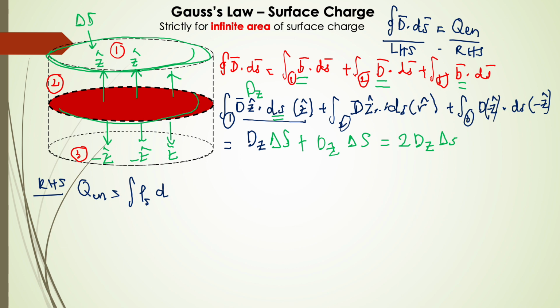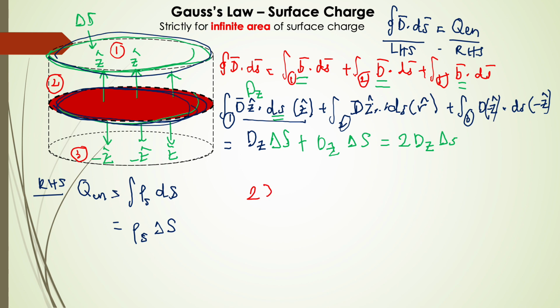The dS will be the area of this charge. The area will be the same as the imaginary area located on the top. So it's going to be rho s S.